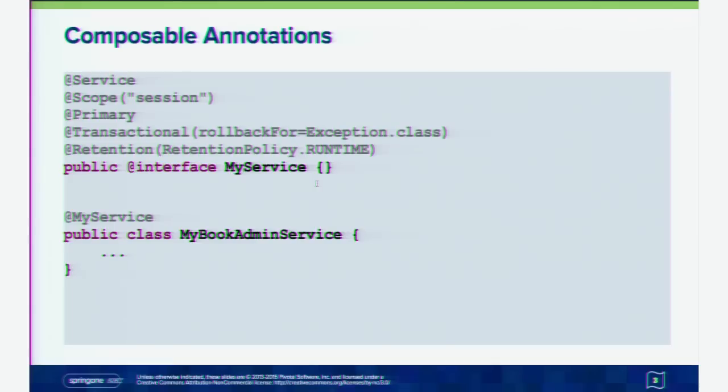This combined annotation can now be used on any kind of class, any number of classes in particular, in your code base. So you may have dozens of classes in your code base annotated with @MyService. And every time you're saying @MyService, what you're really saying is the combination of characteristics above. From that perspective, this is a shortcutting model.